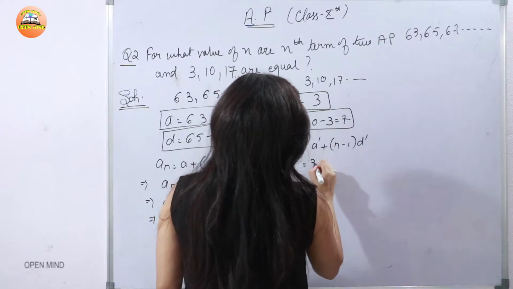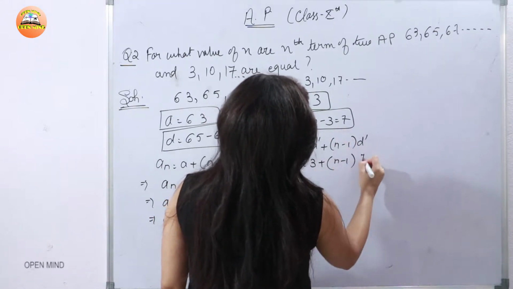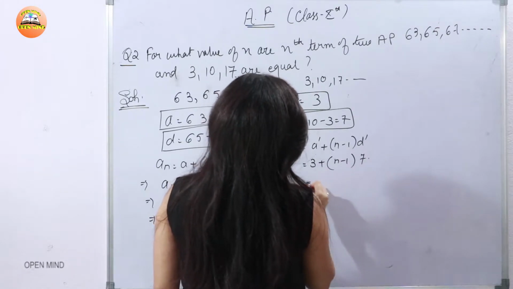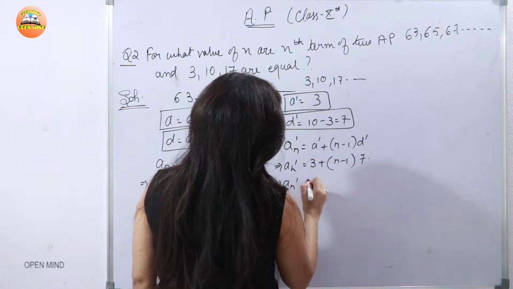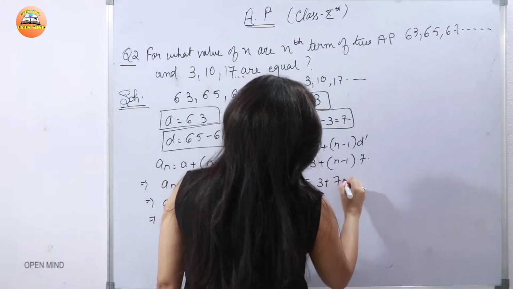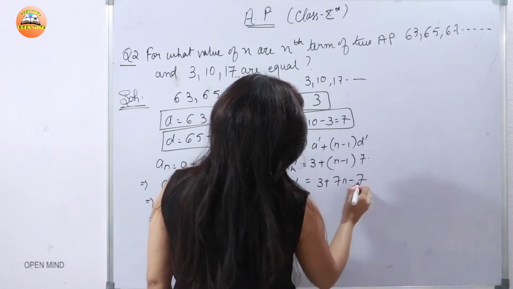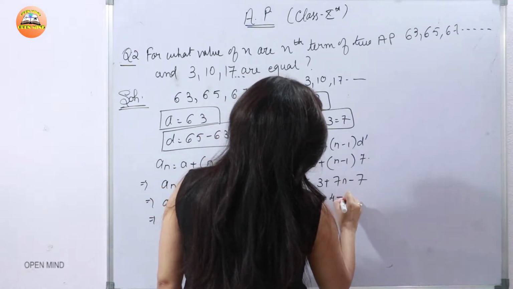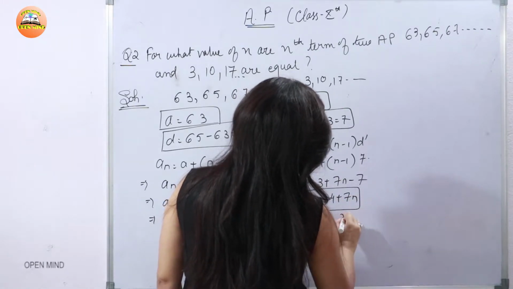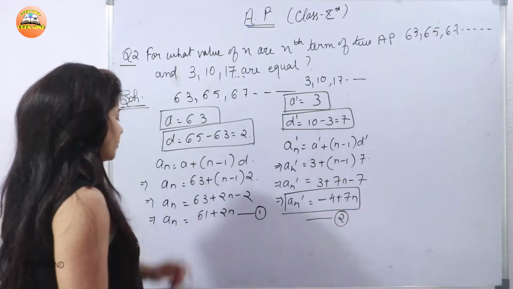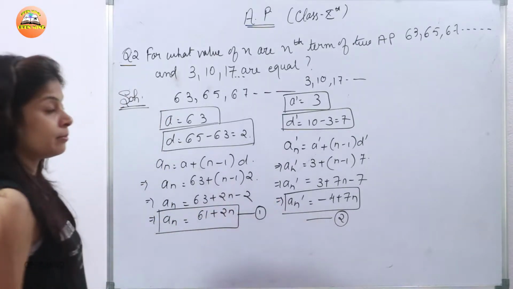So that is equal to 3 + (n - 1) × 7. So this implies an dash = 3 + 7n - 7. So this implies an dash = 3 - 7 is minus 4, plus 7n. So this comes out to be your equation number 2. So this is equation number 1 and this is your equation number 2.